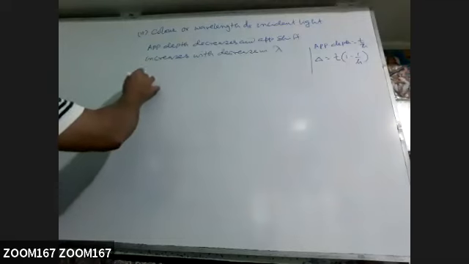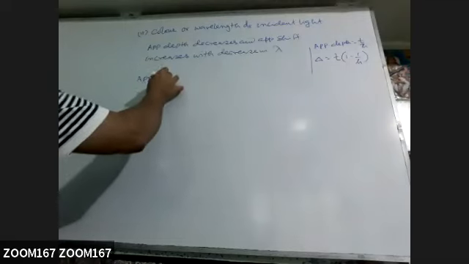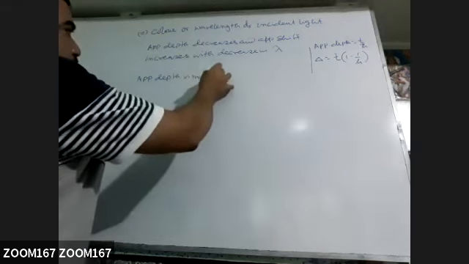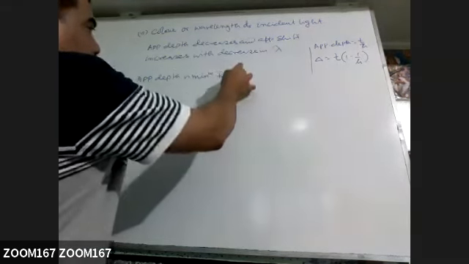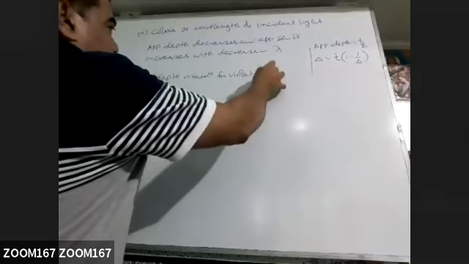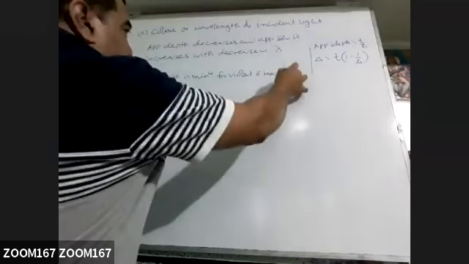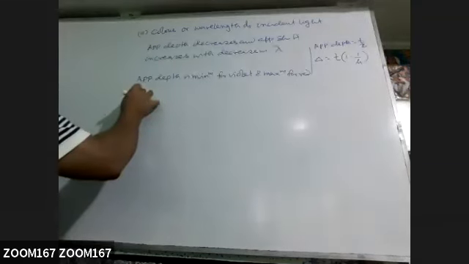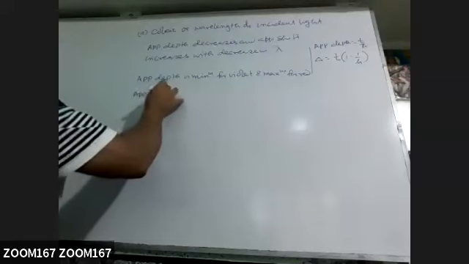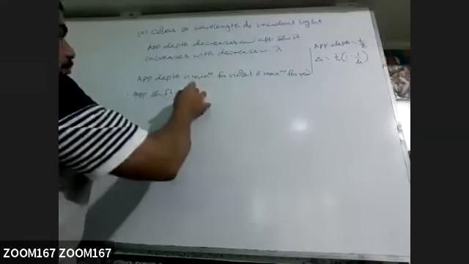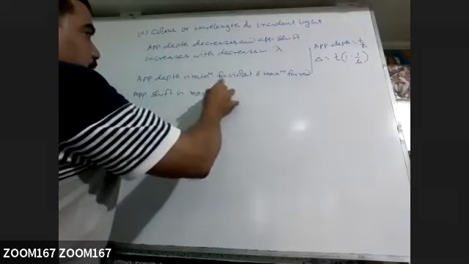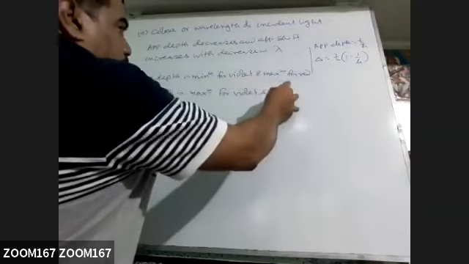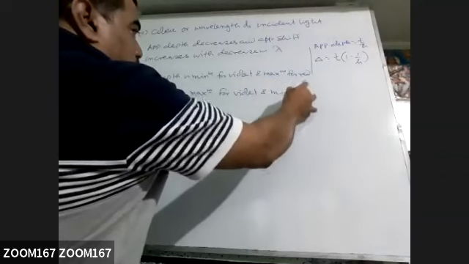So we say apparent depth is minimum for violet and maximum for red, whereas apparent shift is maximum for violet and minimum for red.